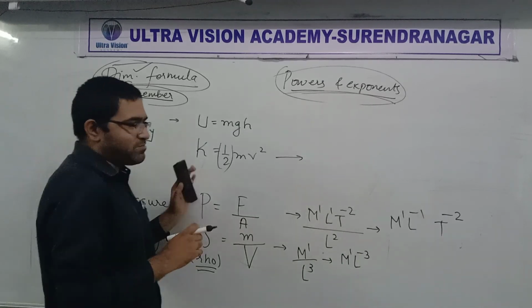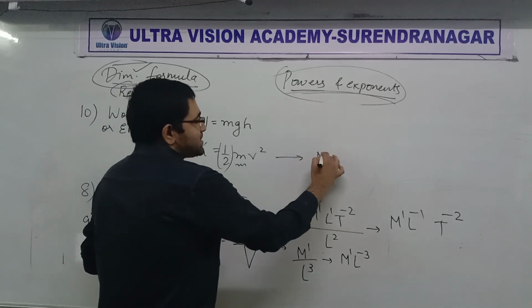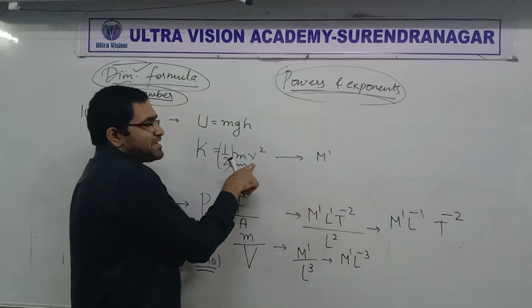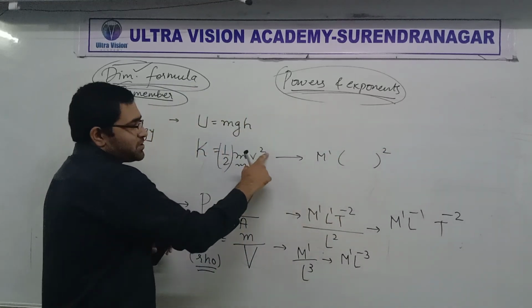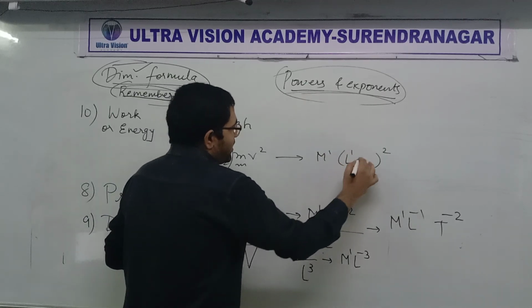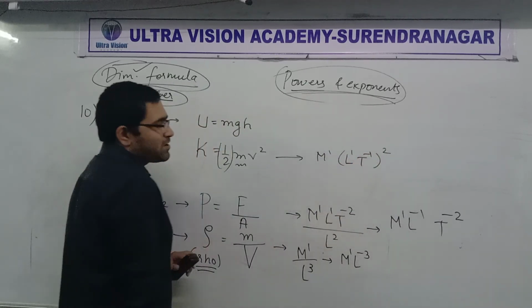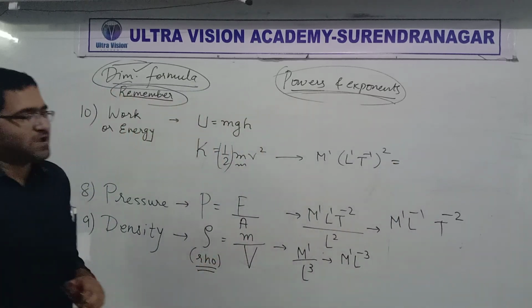Very good. It does not have dimensions, so forget about that. Now m, mass: M raised to 1. Speed or velocity, but you see, it's squared. So L raised to 1, T raised to minus 1. Now we simplify this. Can you tell me the final answer?